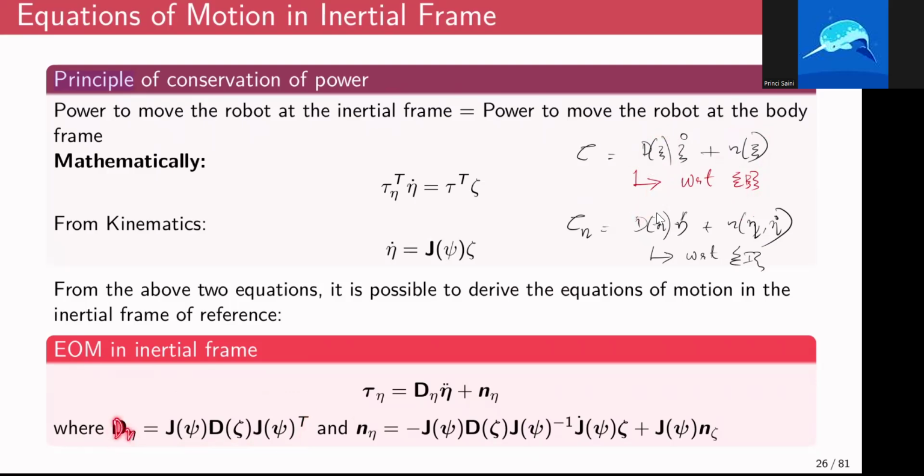Where D of eta is given by the Jacobian multiplied by the inertia matrix in body fixed frame of reference and the transpose of the Jacobian.